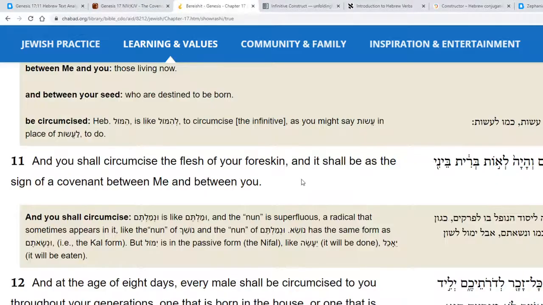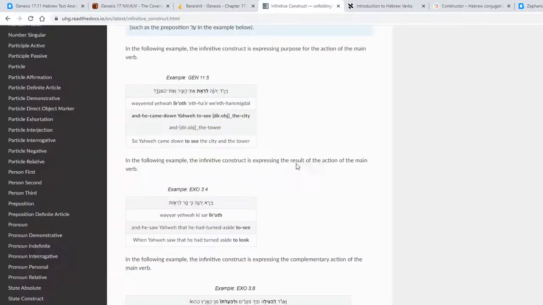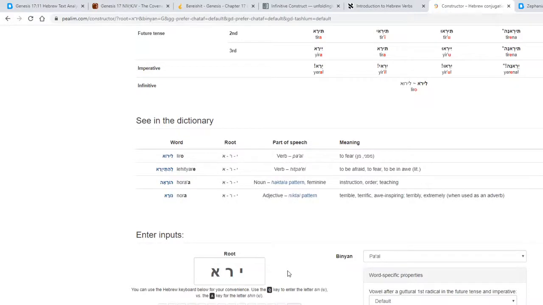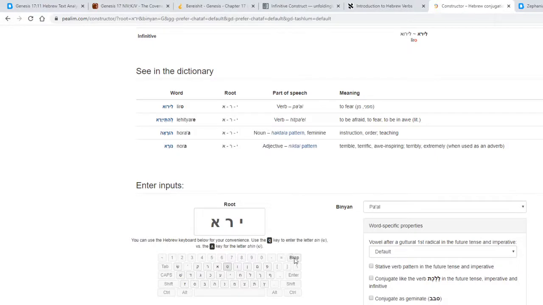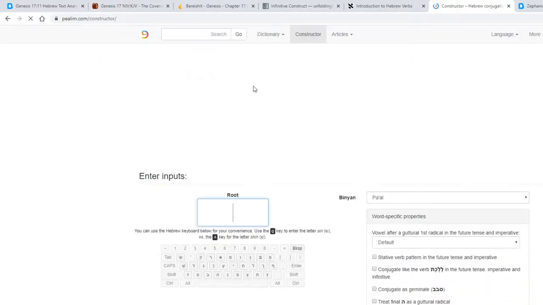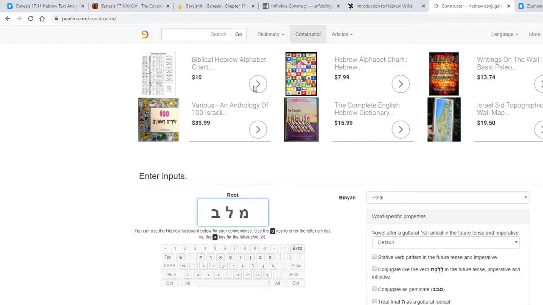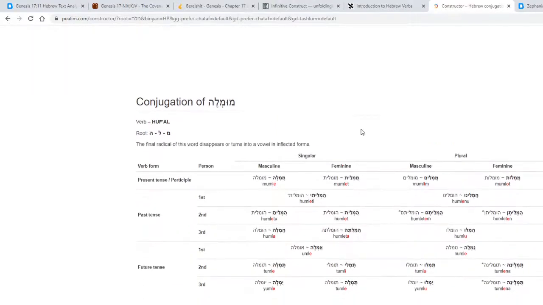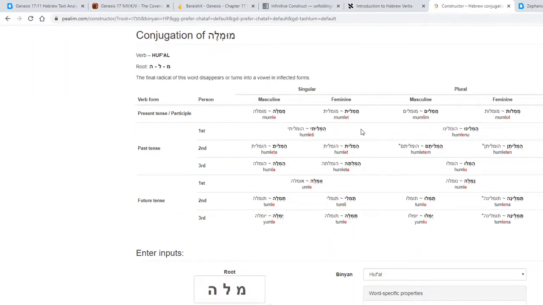And you can certainly use the constructor here. So let's look at the constructor, right? Mila. Sorry, mila. And let's look at the hufal. Maybe they are right.